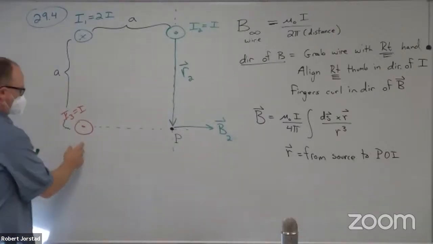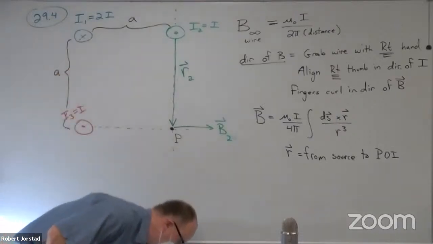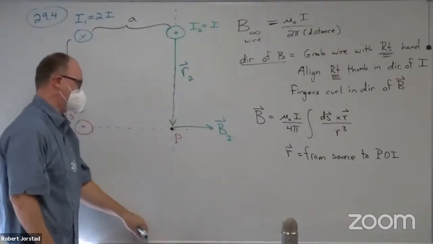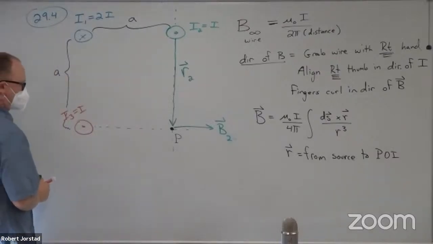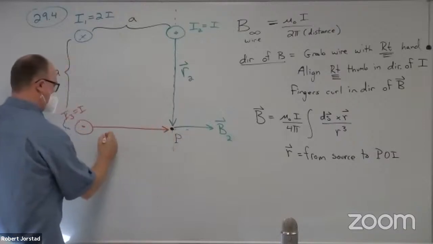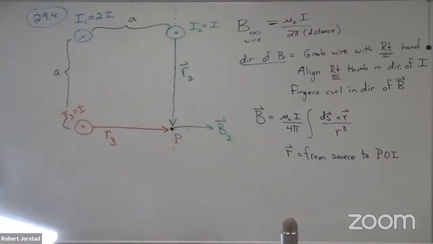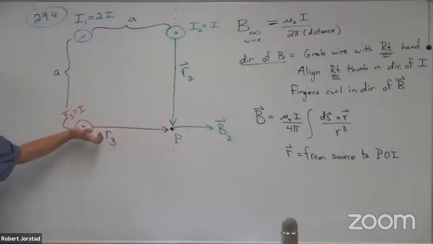Okay, well, let's do 3. I see I3 sitting here. Which direction is the R vector for number 3? Positive i-hat direction, right? So there's R3. What direction is the B field? Isn't it downward? I line my thumb up with the current.